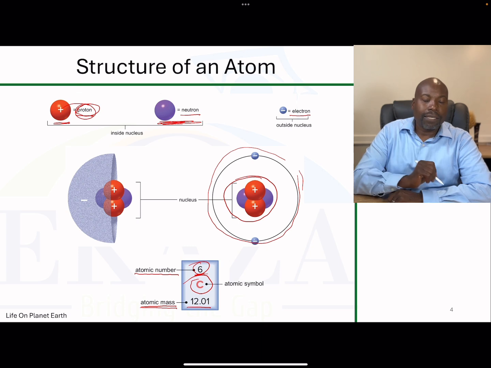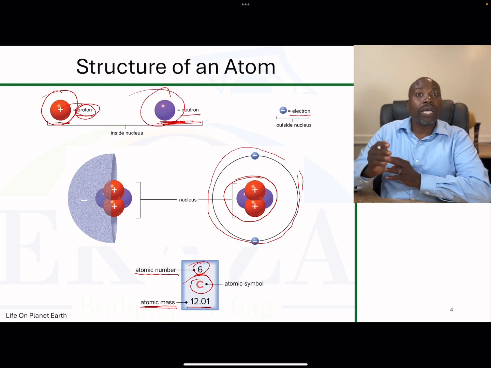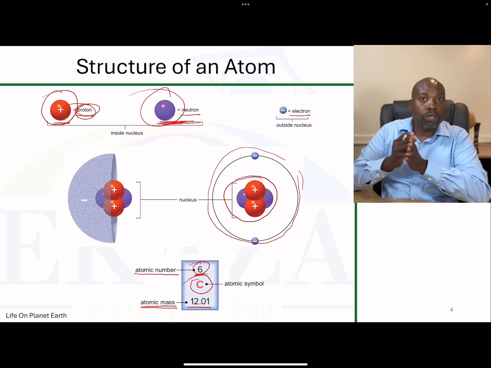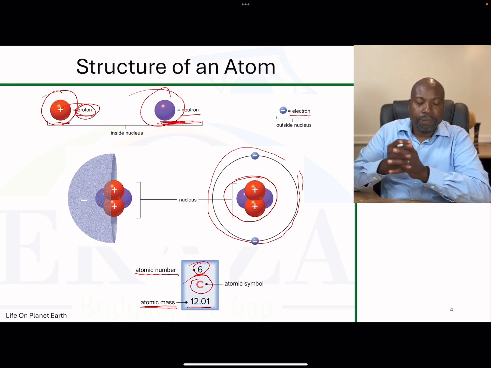So, again, the mass of an atom, or the atomic mass, is the mass of the protons plus the mass of the neutrons. So that knowing the mass of these two subatomic particles, we can determine the atomic mass.